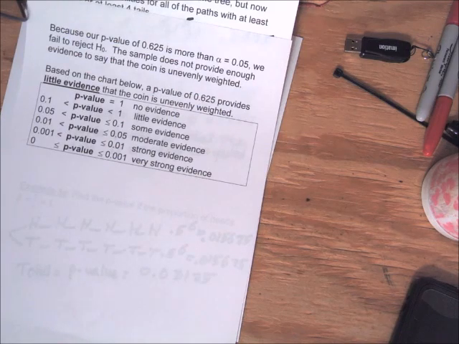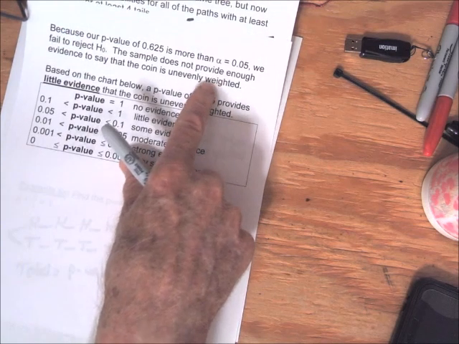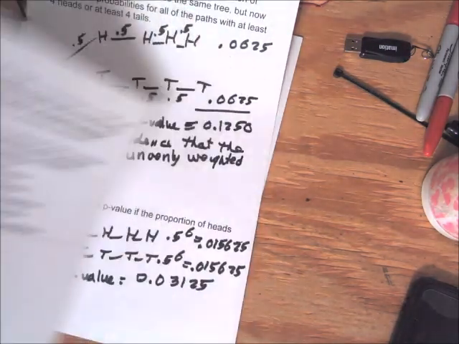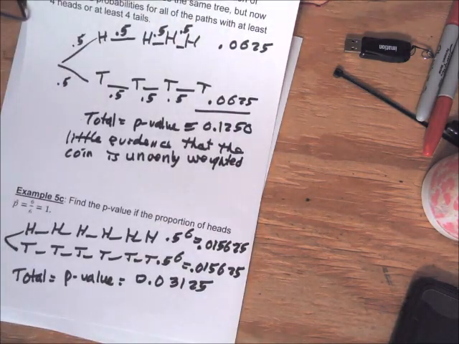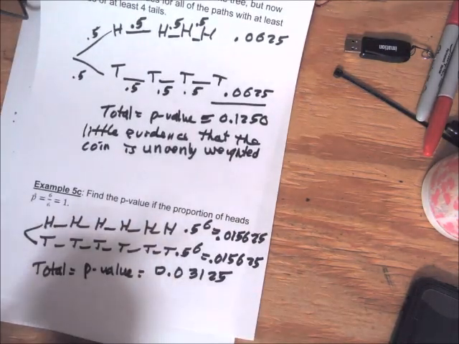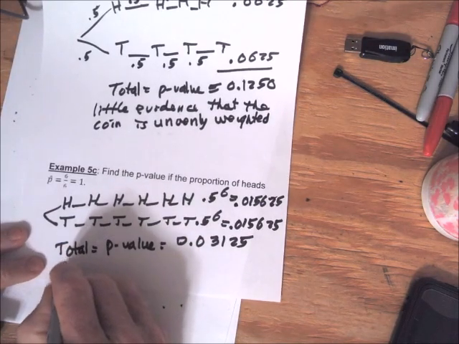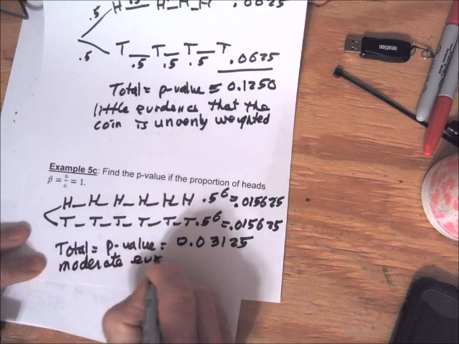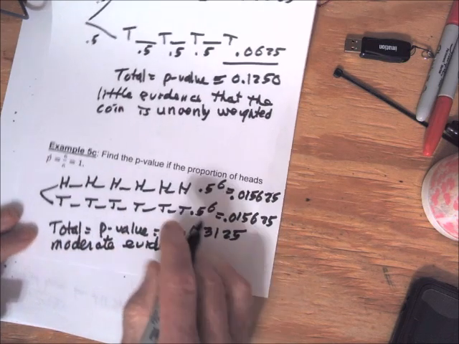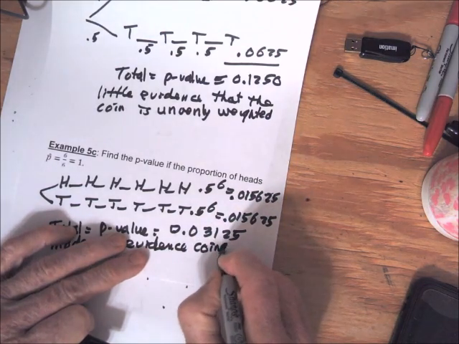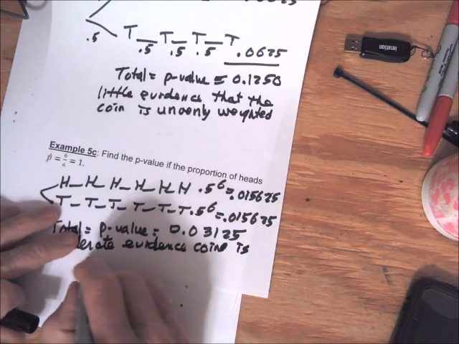If our standard is alpha equals 0.05, that would be enough to reject H0 and conclude that the coin is unevenly weighted. So this is moderate evidence the coin is not evenly weighted.